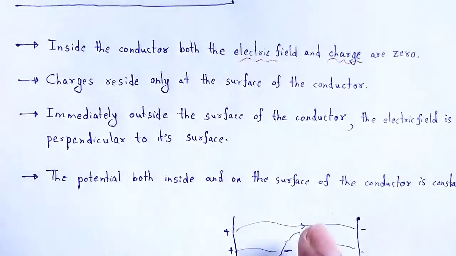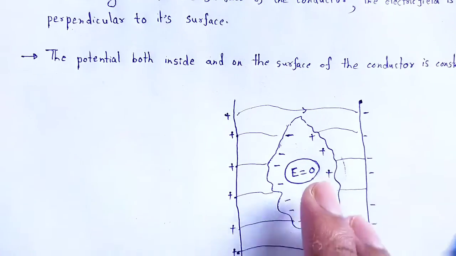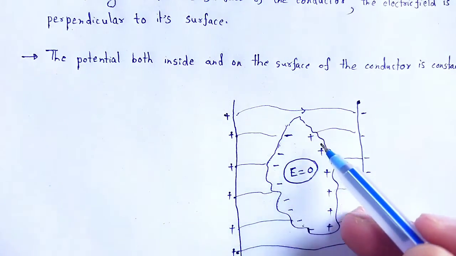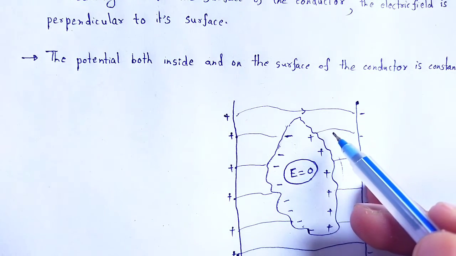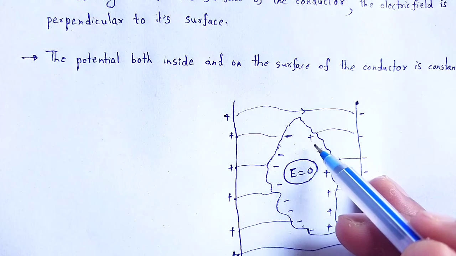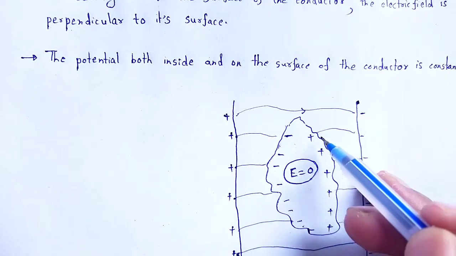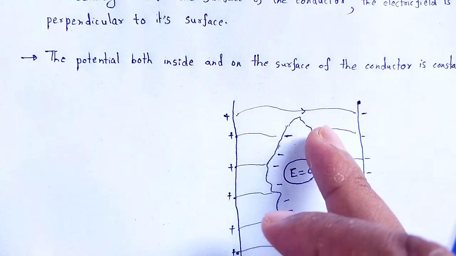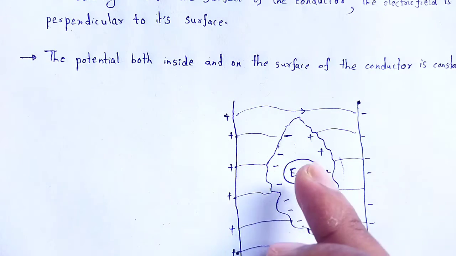Now how will the charge be 0 here? We can explain it. Further, the electric field at the surface of the conductor, or just outside, cannot have a tangential component, because if the electric field had a tangential component, it would lead to the flow of surface current.